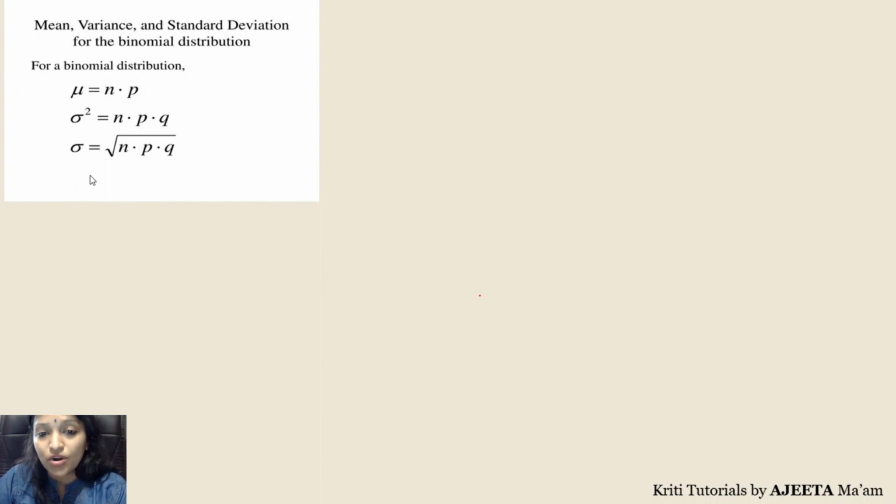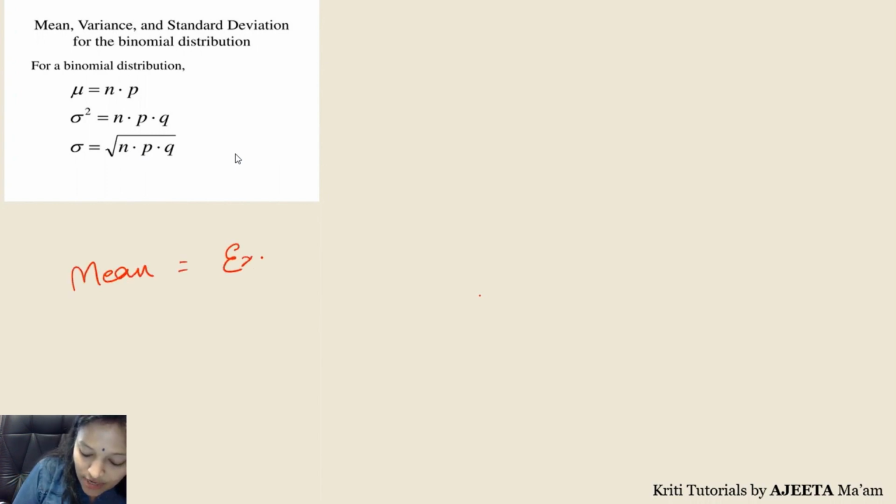You have to be very clear with these three: mu, variance and standard deviation. Mu means mean or expected value. Variance, sigma square, is the product of n, p and q, and standard deviation is the square root of npq.